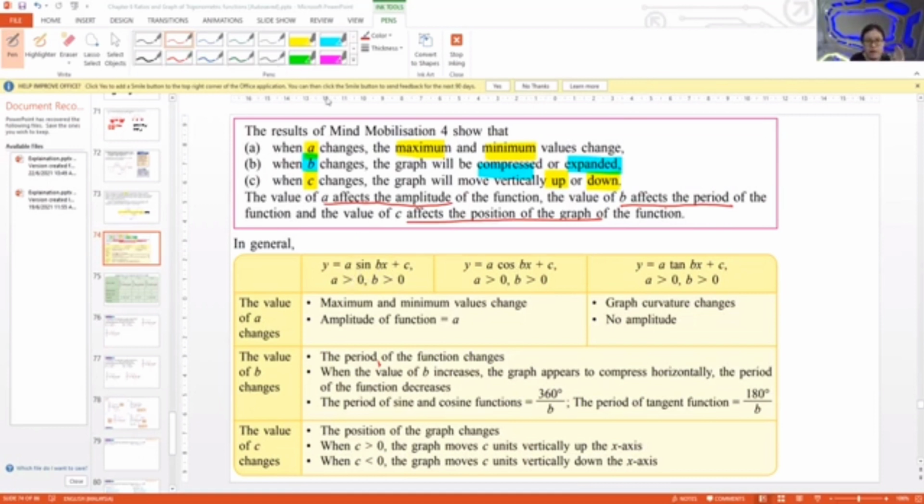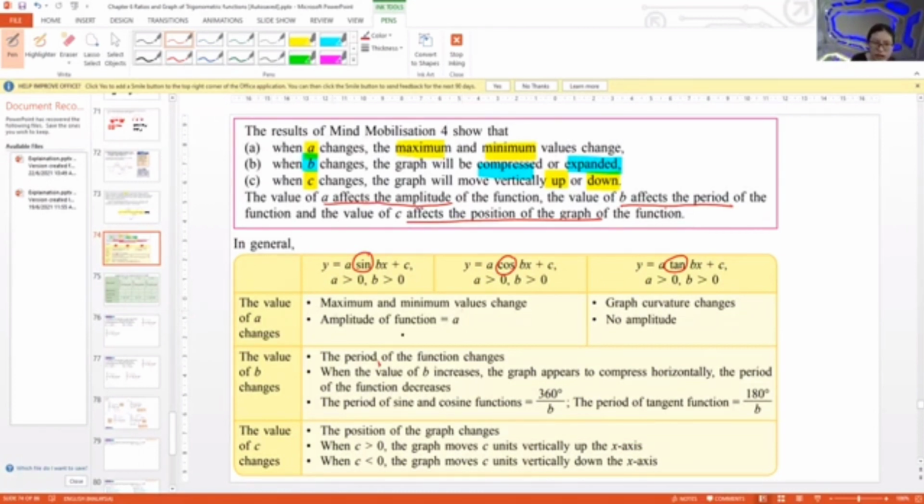One is y is equal to sine, and then another one is cosine, and then the third one is tangent. You can see A always is greater than 0, B also is always greater than 0. So means that A and B cannot be less than 0, cannot be negative value. Understand or not? Okay, no negative numbers can appear.